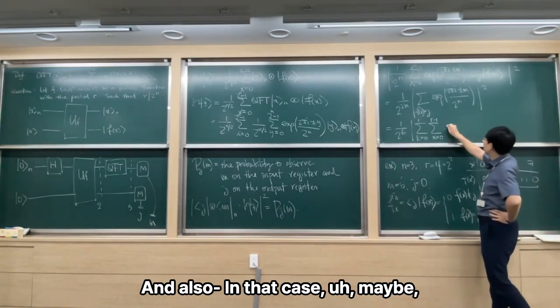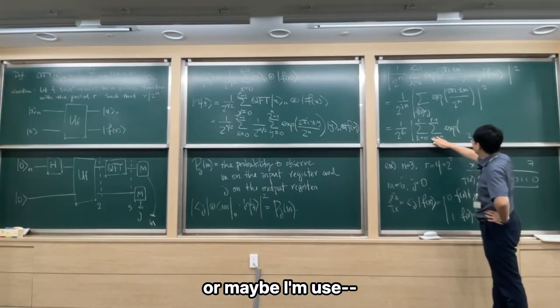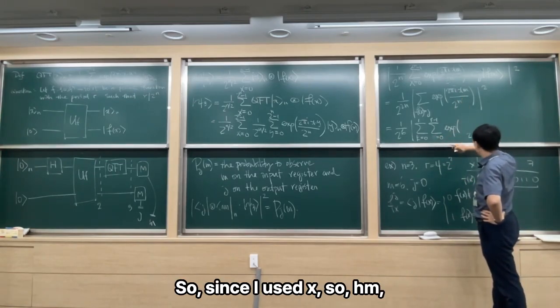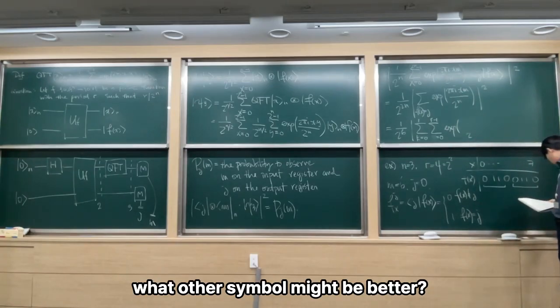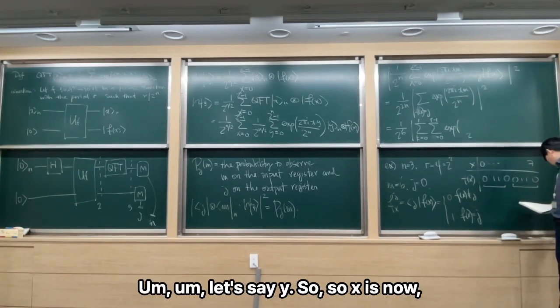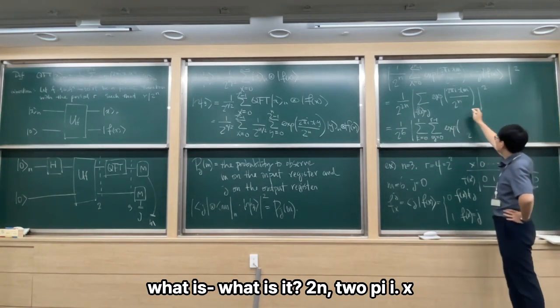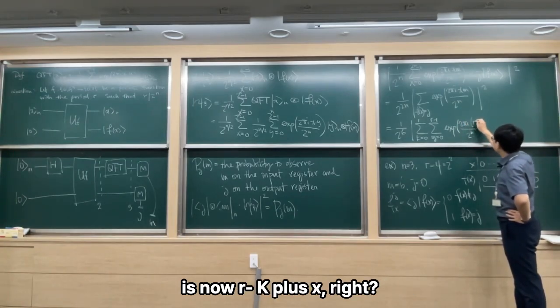And also, in that case, since I used x, let's use a different symbol here. So what other symbol might be better? Let's say y. So x is now r k plus y, right?